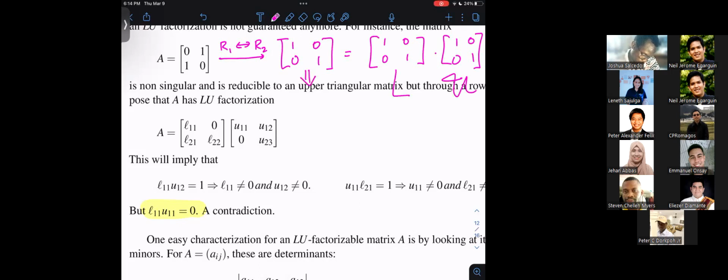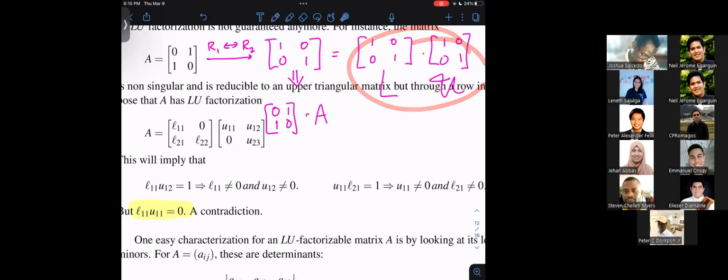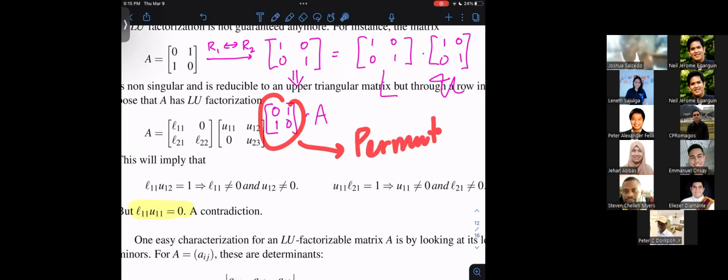This is the matrix A multiplied by a permutation matrix, the identity matrix with the first and second rows interchanged. So this is 0, 1, 1, 0, right? So we get an LU factorization, but not for the matrix A, but for the matrix A multiplied by an elementary matrix. Actually, this is what we call a permutation matrix, because it is the identity matrix with some of its rows interchanged.